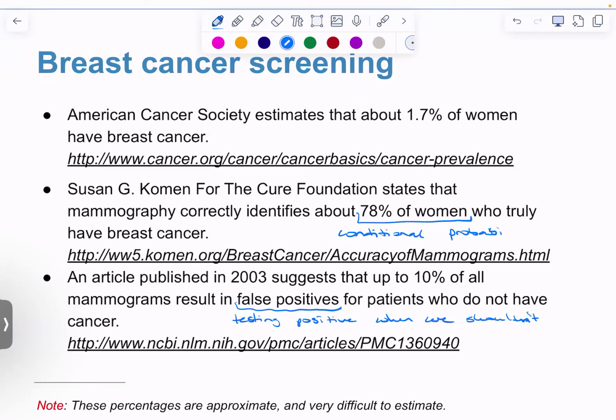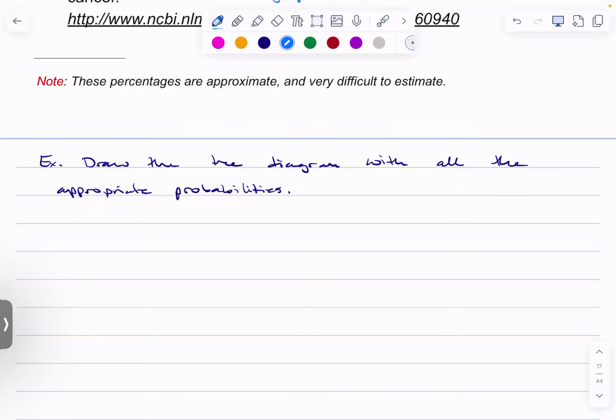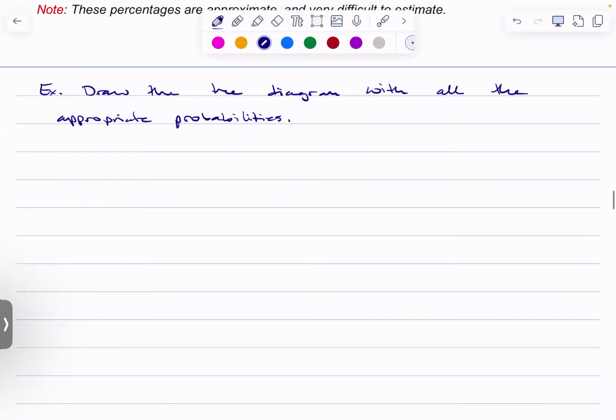Given that they have breast cancer, what's the probability that they test positive? And so that's going to tell me that the first set of branches is, does this randomly selected woman have cancer or not? And we have that overall probability, or we're given that. So that's a first hard thing to tackle.